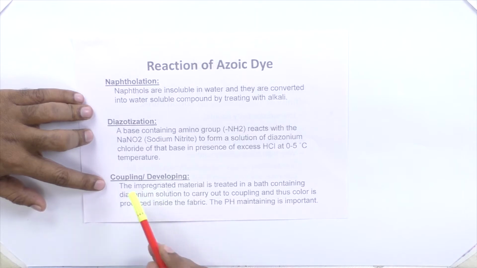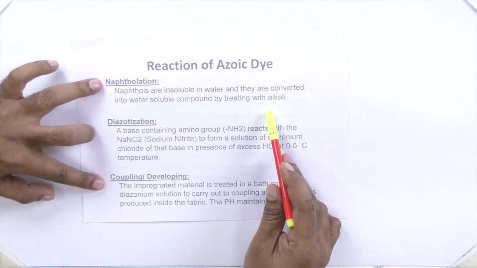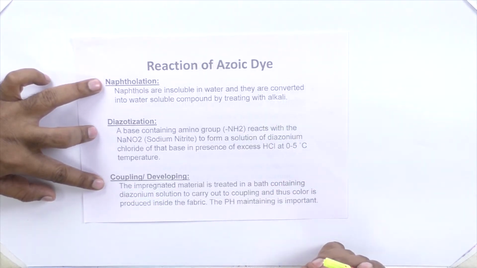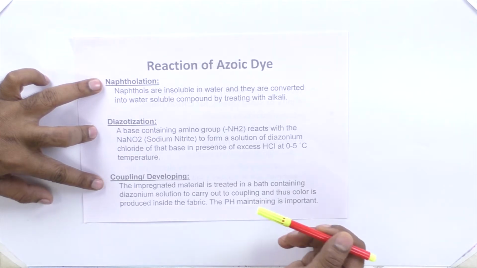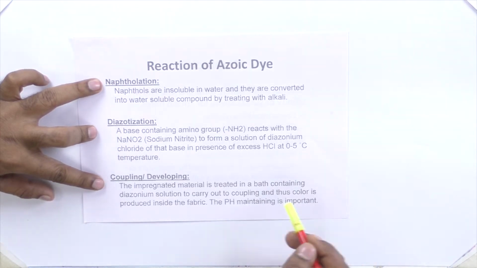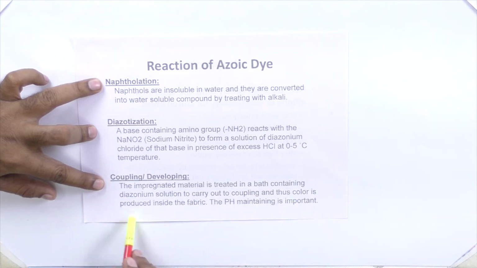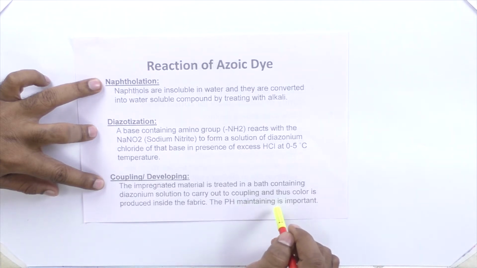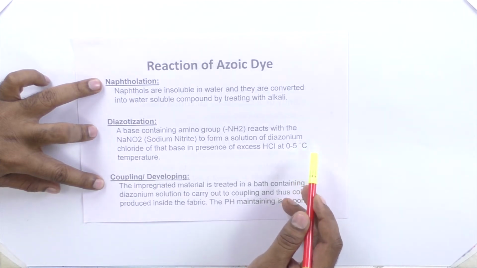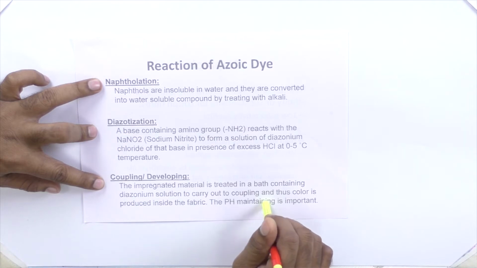Either you impregnate the naphthol first or the base, that means the diazo compound first. You can treat either one. The impregnated material is treated in a bath containing diazonium chloride, that is the coupling agent, and during the coupling the color gets developed. The pH is very important, it should be 3 to 5, and the temperature is also very important.